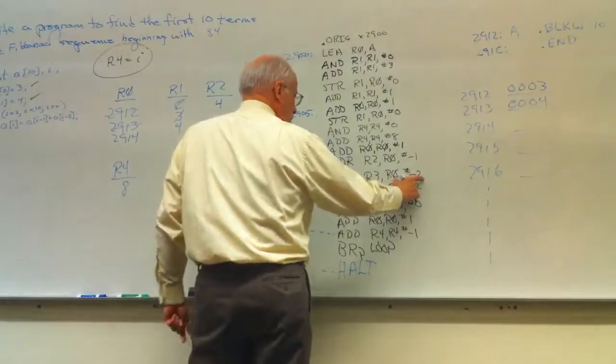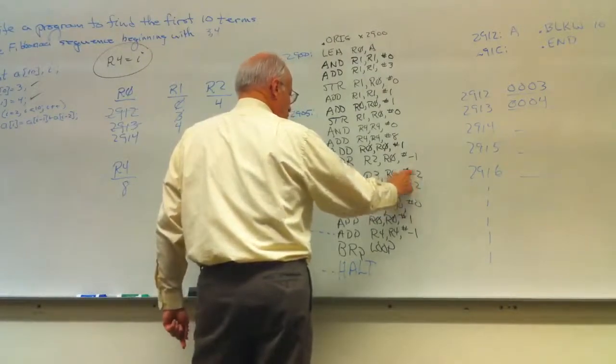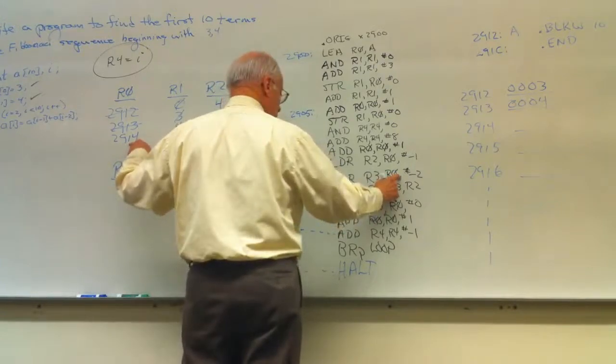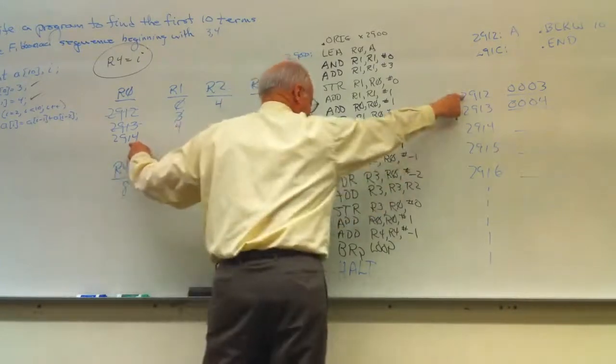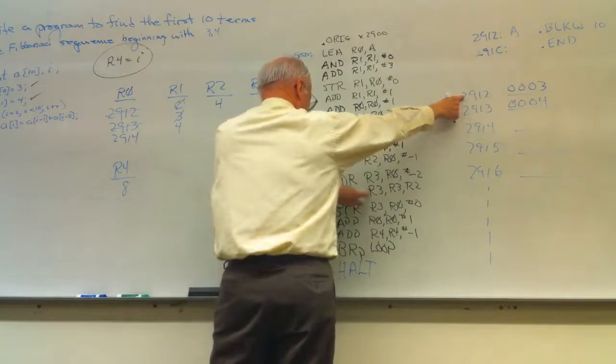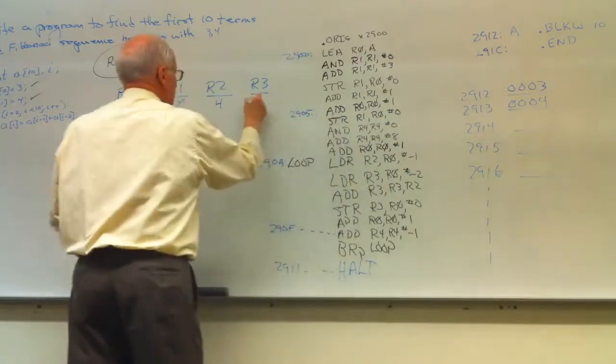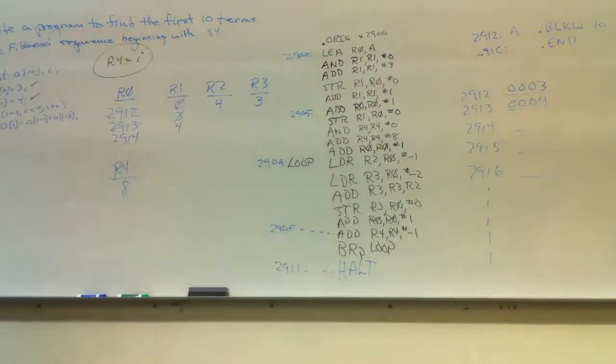Okay. Now this says add a -2 onto register 0, so now I get 2912. Go out to that memory location and put that into register 3. Okay, watch that offset thing.